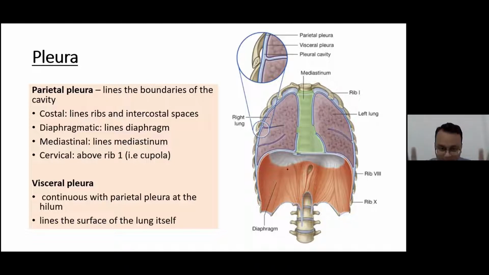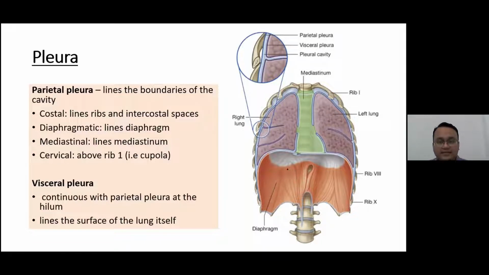But to say it correctly, it is a continuous piece of membrane. Now we say it's two layers because it's been reflected. As it goes along at the hilum of the lung, it gets reflected, so it comes back, and then you see it as if there are two layers, right?